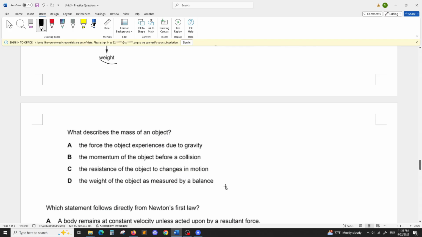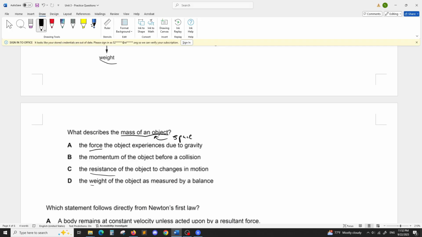Okay, what describes the mass of an object? Immediately the first thing you should think of is space, even though that's not the right definition, but that's the first thing you should think of. Quickly glance over the answer choices and see that the force experienced due to gravity, no. Momentum, probably not.